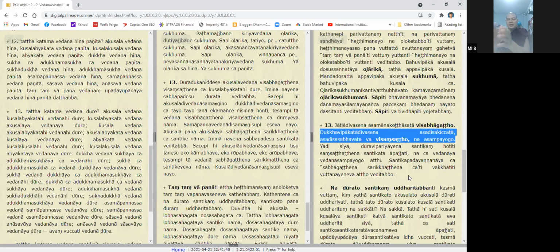Kusala is apart from akusala and abyakata. Akusala is apart from kusala and abyakata. Abyakata is apart from kusala and akusala.